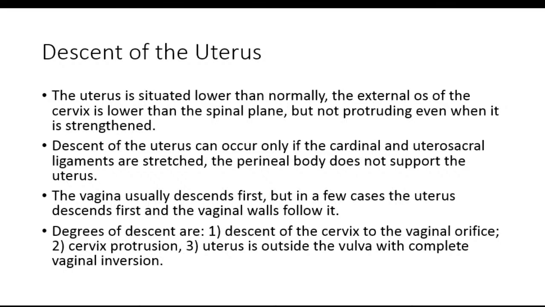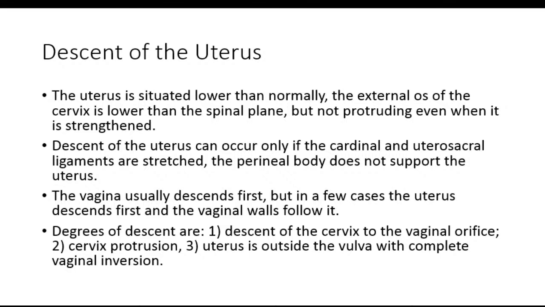The perineal body does not support the uterus. We need to remember that the introitus, the vulva, and vagina do not support the uterus. The uterus is supported by the cardinal Mackenrodt ligament and uterosacral ligaments, which are attached to the uterine cervix, so they support the uterus.